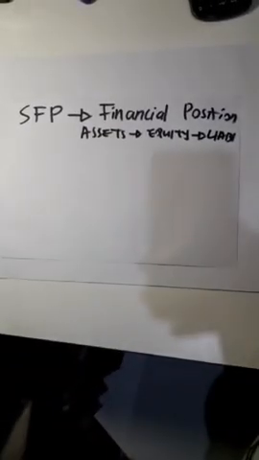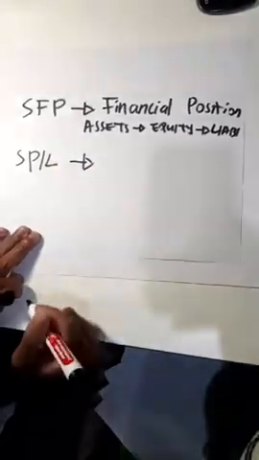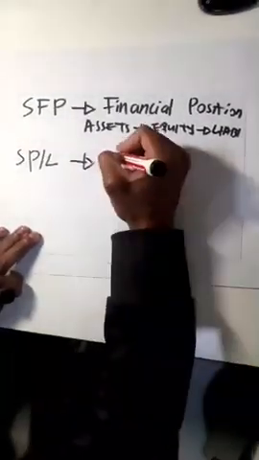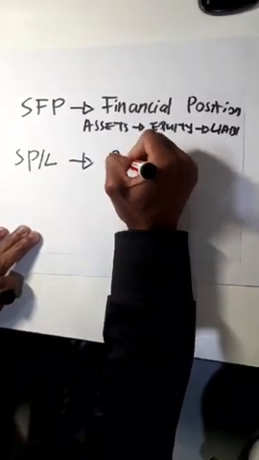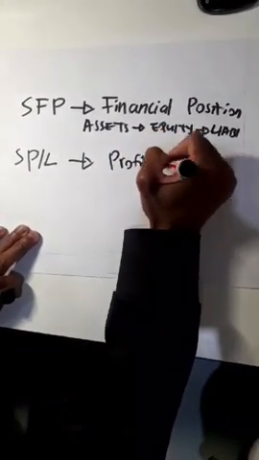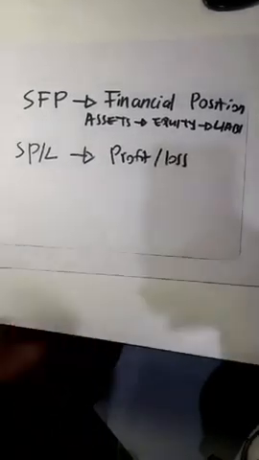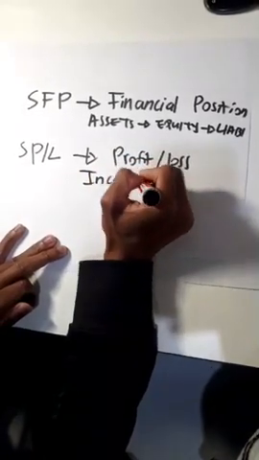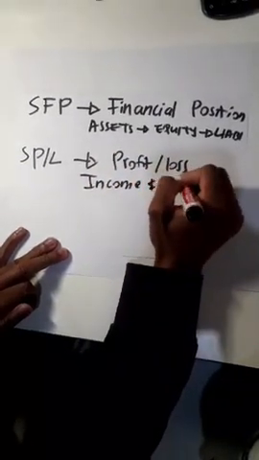Then you have the statement of profit or loss, known as the income statement. Here we record income and expenses.